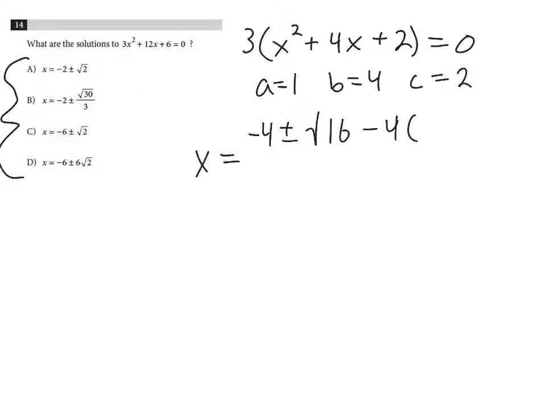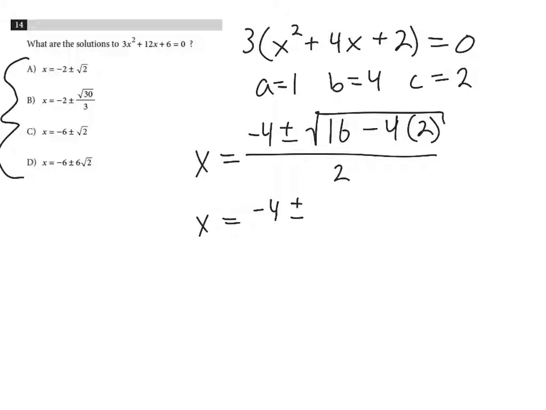Well, that's going to be 1 times 2, which is 2, all over 2a, which is going to be 2. Okay, so I'm going to simplify inside the square root. I'm going to get 16 minus 8, well, it's just 8 over 2.